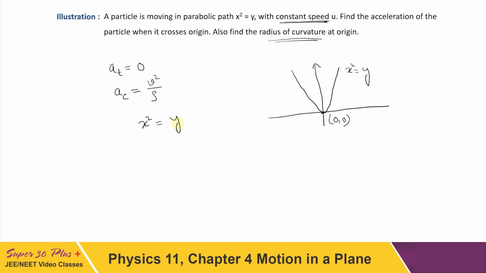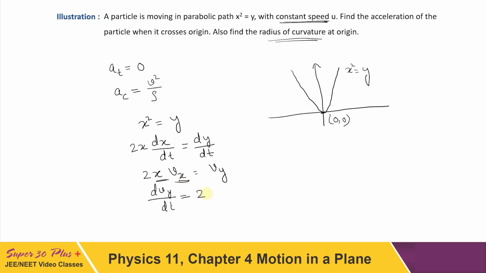If you differentiate it on both the sides, that will be 2x dx/dt equal to dy/dt, or we can say 2x v_x is equal to v_y. Again, if we differentiate, that will be dv_y/dt, and now again two terms are there. So first we have to differentiate one, take other as constant, and then do this again with second taken as constant and differentiating the first.